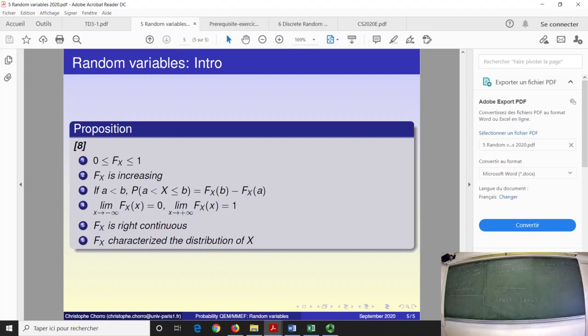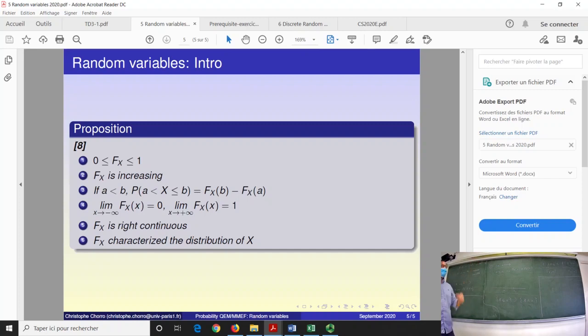Okay? Just coming back from the definition. Are you okay with this one? Just use the fact that if A is included in B, P of A is less than P of B, and I use the definition of the distribution function.